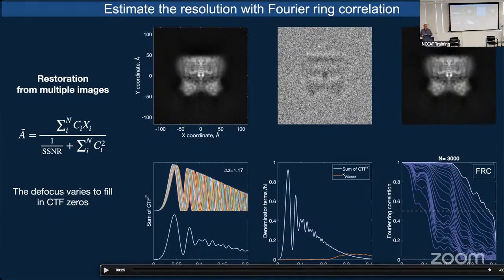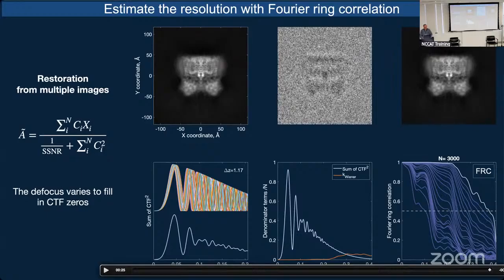And in fact, if we had split our data set in two, one for each half, we could then do the FRC between the two halves, and that would give us an idea of how reproducible it was between one half and the other, and actually give us an idea of the resolution of our reconstruction.